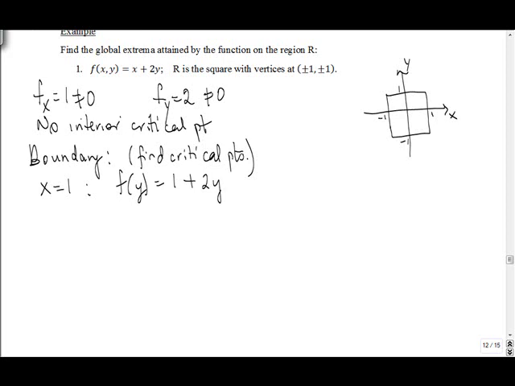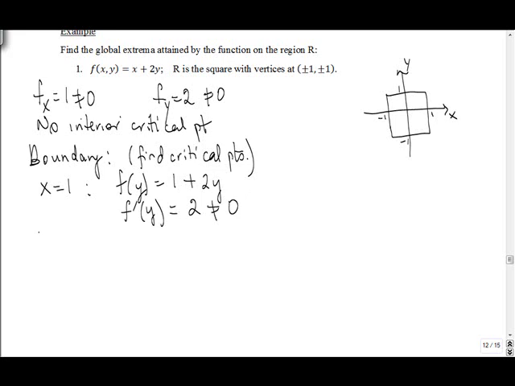This is now a function of one variable, right? Go back to single variable calculus. Find the critical point. So find the derivative, f prime of y. You get 2, put it equal to 0 and solve. Another example, that cannot be 0. No critical points here.